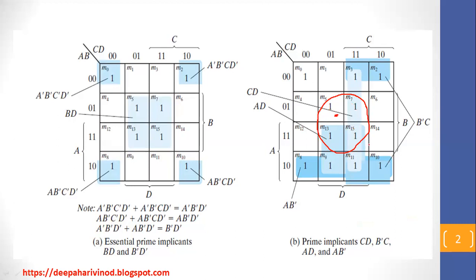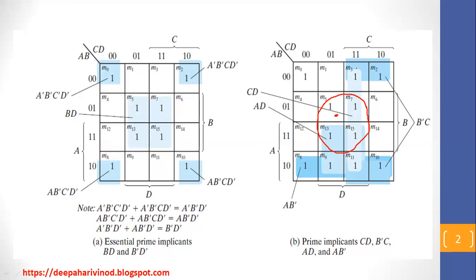This one is not needed because these two ones are already included in this group, and in the same way these two ones will be included in this group, and these two ones are included in this group. So this grouping is not necessary over here.